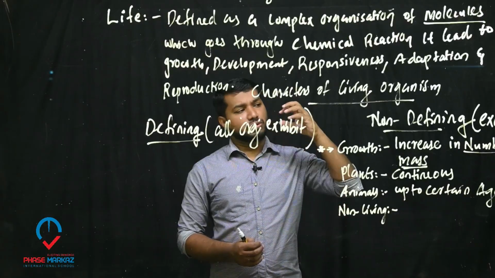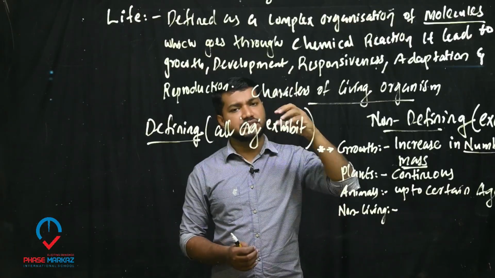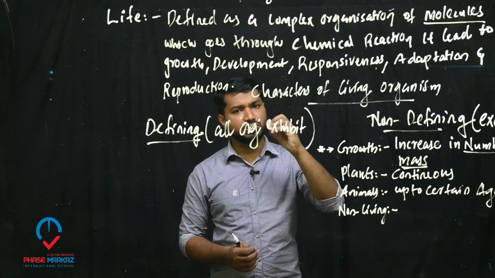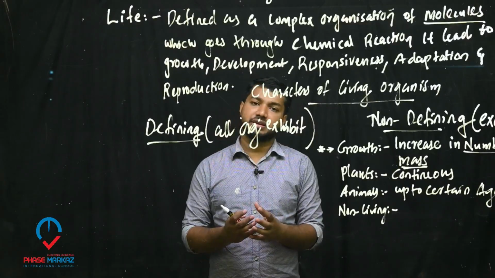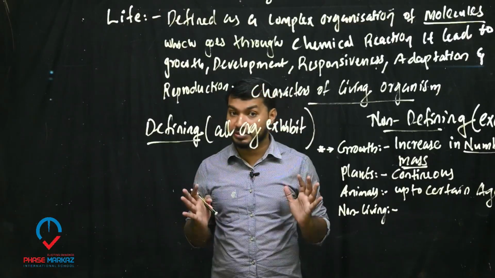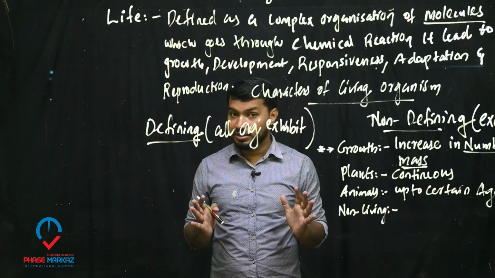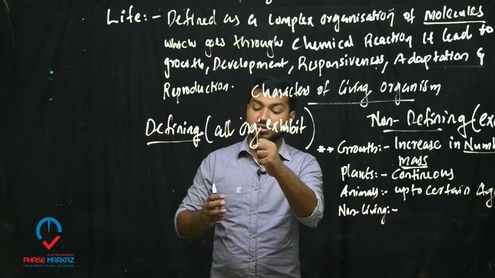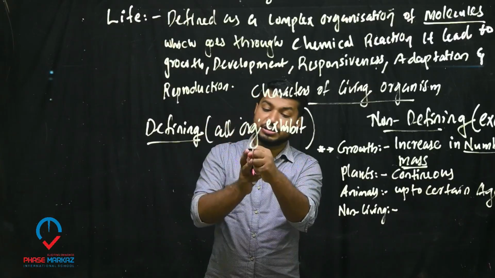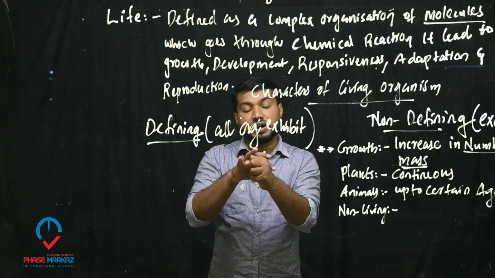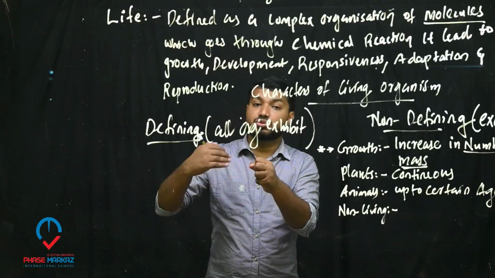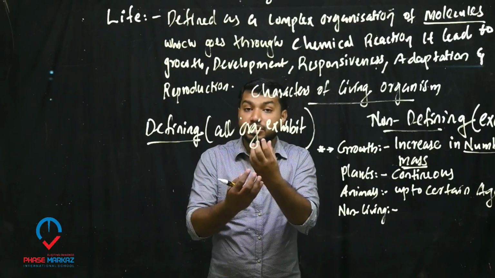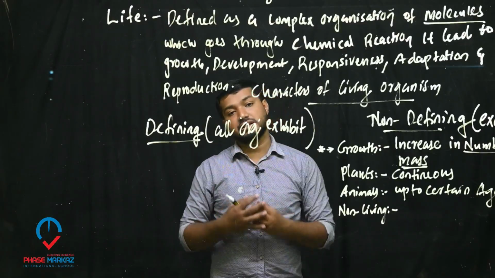On that stone, dust particles are continuously accumulating. So what will happen? The mass of the stone will increase, by the external accumulation of dust particles. So finally, maybe after 1 year or 2 years or 10 years, the total mass of the stone will increase because of the accumulation of dust particles.